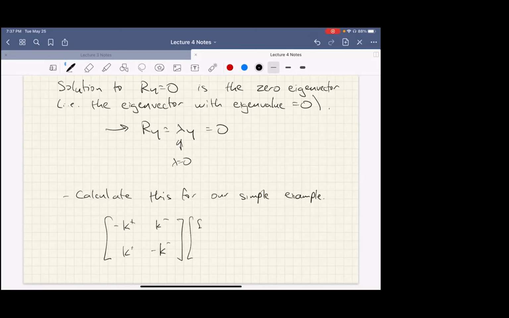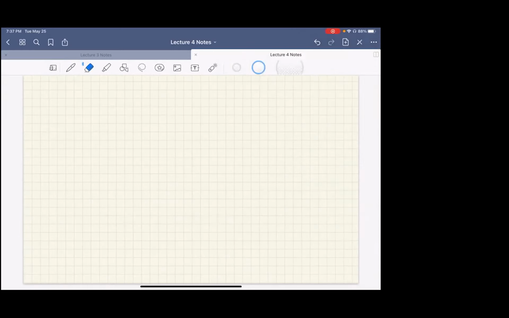And what we require is that this, when multiplied by y, so this is R, this is y, has to equal the zero vector. Okay, so the solution is pretty simple. You can find this a number of ways, but probably the simplest is to just multiply it directly.